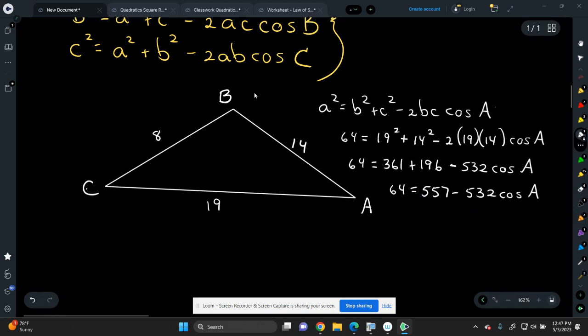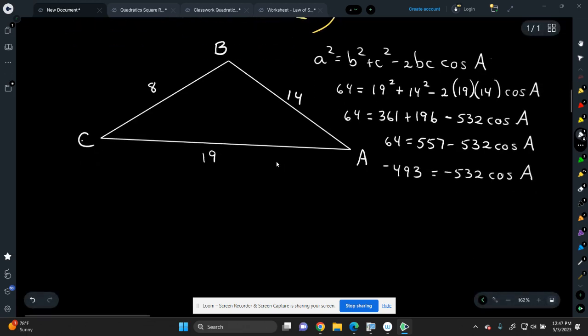I'm going to subtract 557 from both sides. So we get negative 493 equals negative 532 cosine of A. We're going to divide by negative 532. And I'm going to let you try to finish this one.